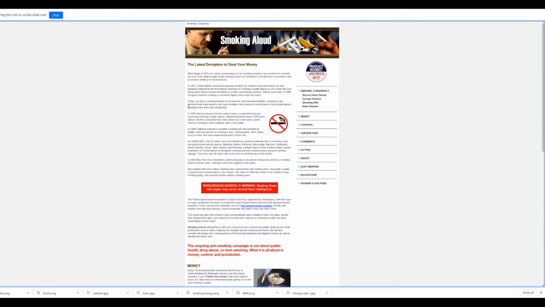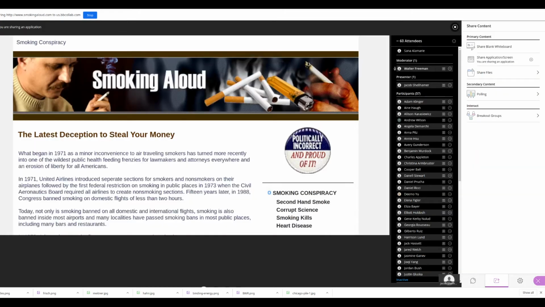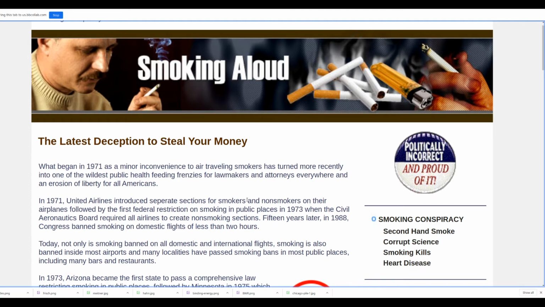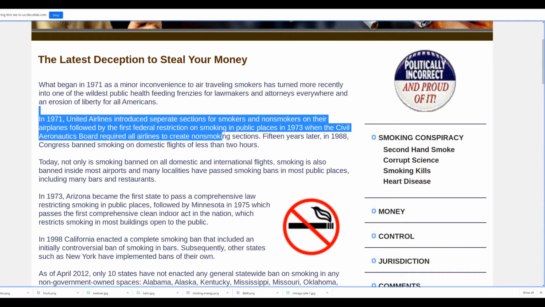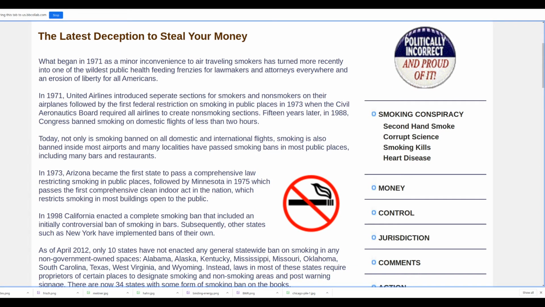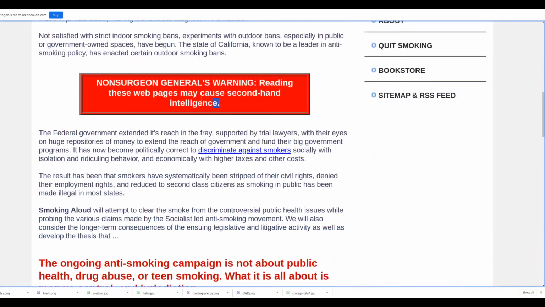So, smokingaloud.com, about why all of the stuff about how smoking is hazardous to your health is really just a conspiracy of political correctness. They're talking about banning smoking, it's a wild public health feeding frenzy, and these sorts of sensationalistic things.